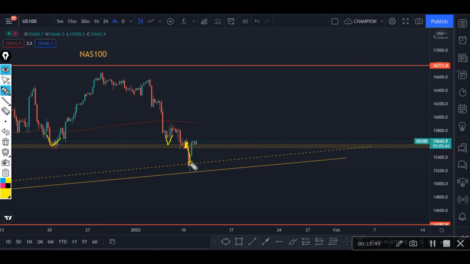It broke out of it, went to reach our overall diagonal support zone, and now it pushed up again to hit that support. Instead of creating a resistance and pushing down, it didn't. It went up and broke out of it, and now it's playing around it. What I can say to you is that the market will be soon going high.